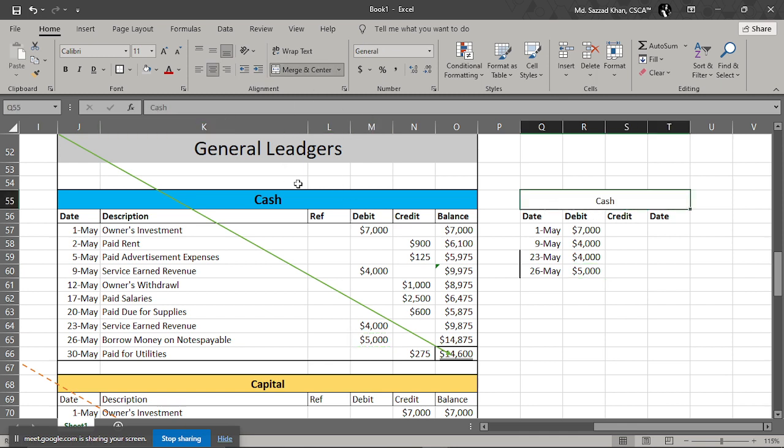Now we are going to talk about the credit. So where was the credit? May 2nd. Copy, paste, and then insert. 17 May, 20, and the last, 30 May.